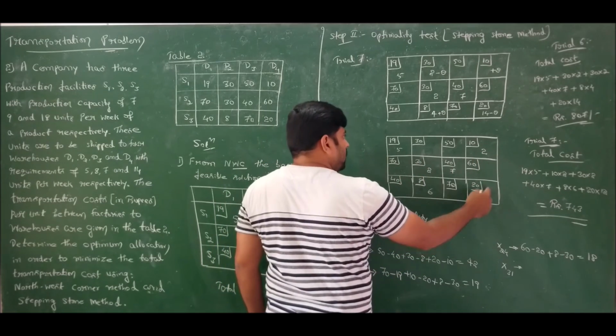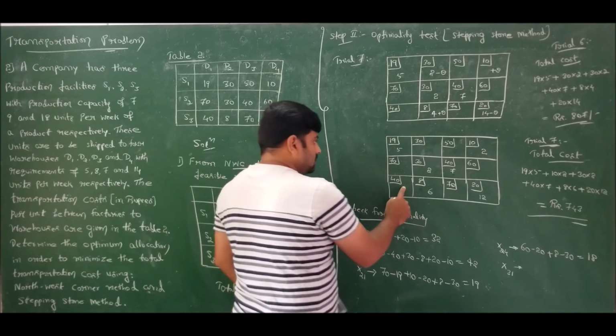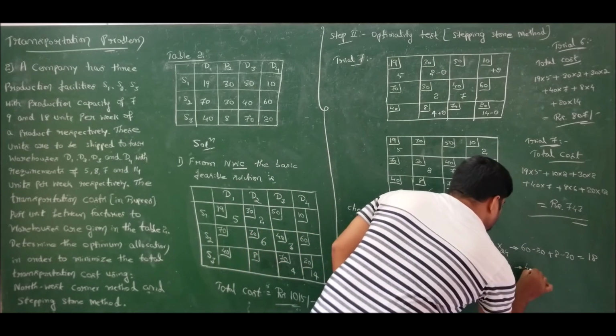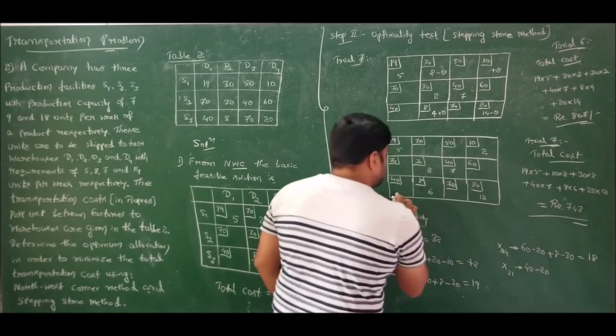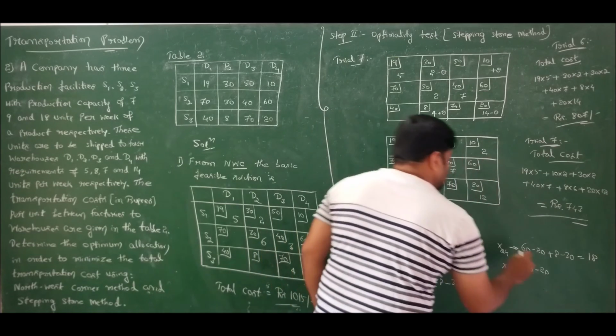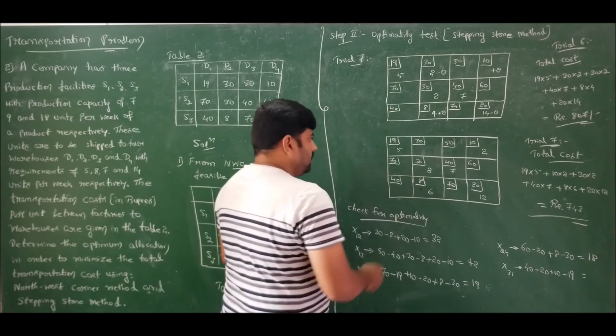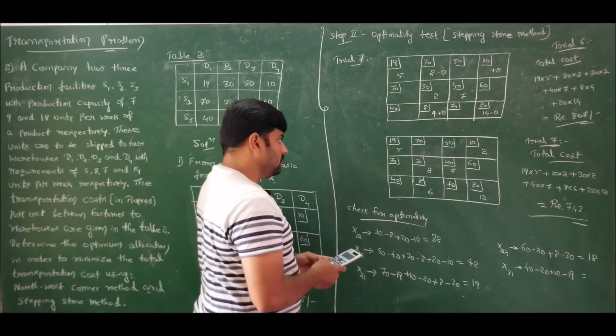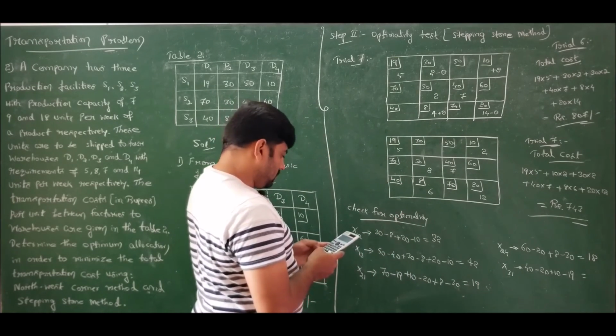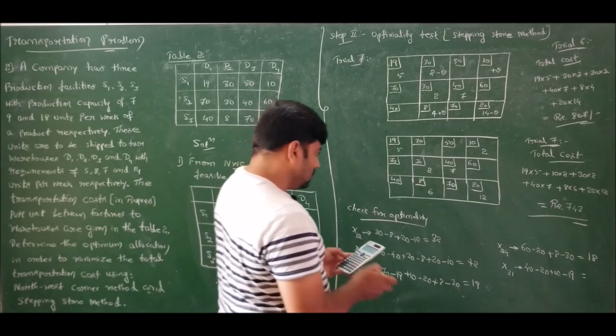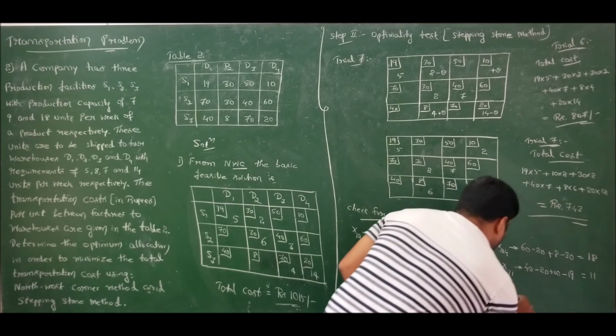From here 20, 10, 19 connect, right? So it is 40 minus 20 plus 10 minus 19 plus 11, which is positive.